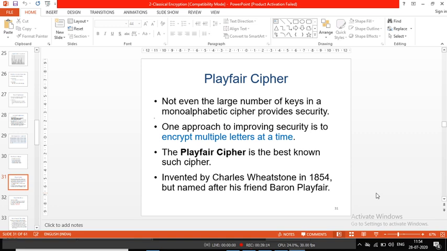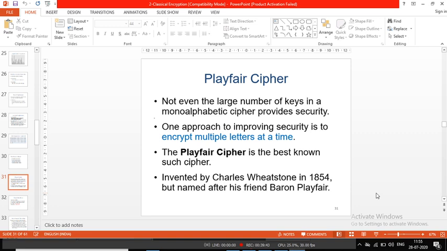Block cipher means, if I have 6 letters, the same example, Praveen, as the plain text, then instead of taking one letter, I can segregate the plain text into a number of blocks. Each block contains 2 letters: PR is one block, AV is one block, EE is one block, like that. So I can take the input as blocks. For the remaining 4 types we are going to use the block cipher model.